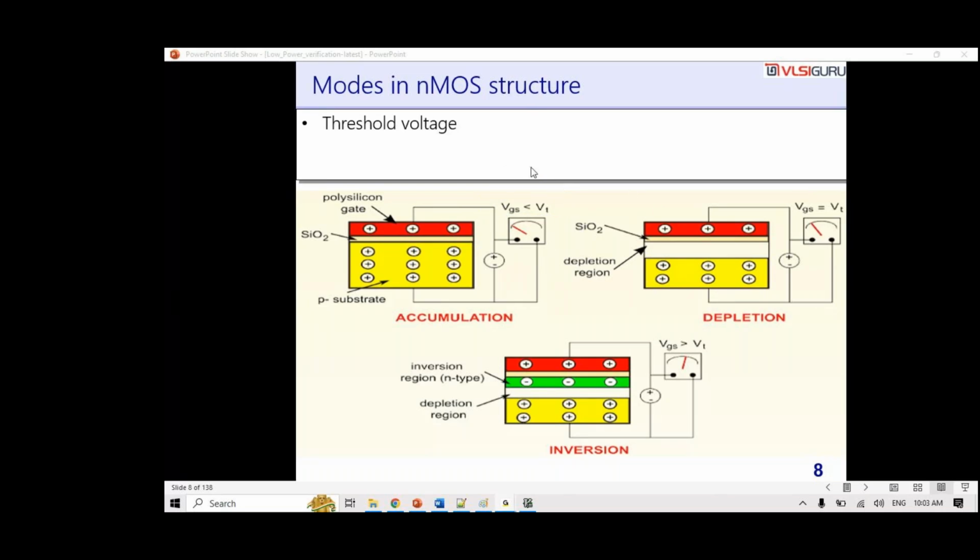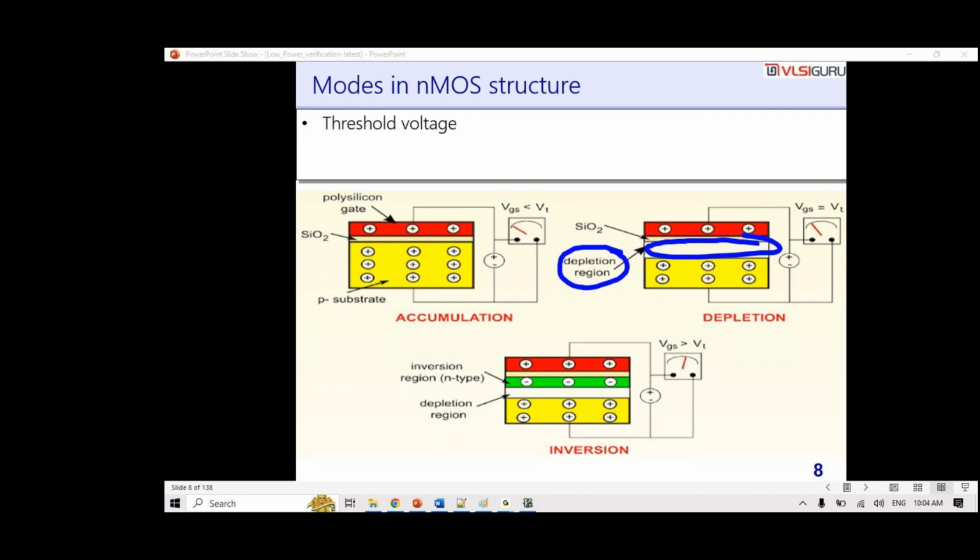Then you are depleting the region, because you are applying a positive voltage here, that will repel the holes, and this region will be depleted of the holes. That is what we are calling as the depletion region, okay.